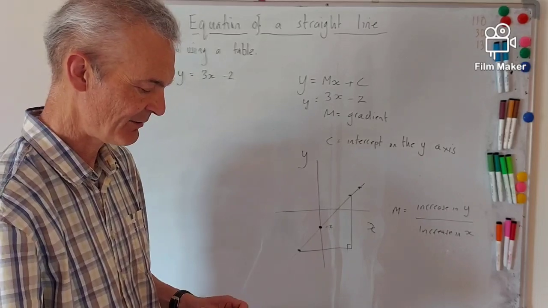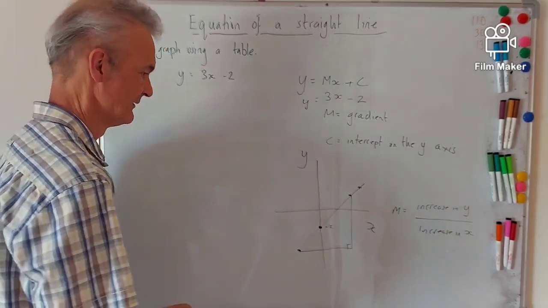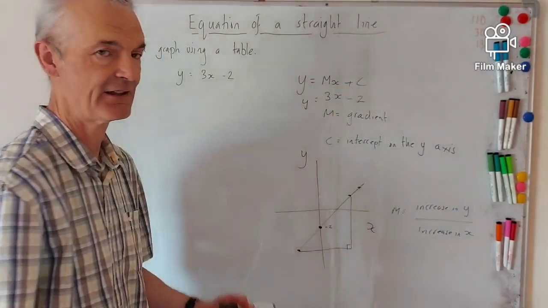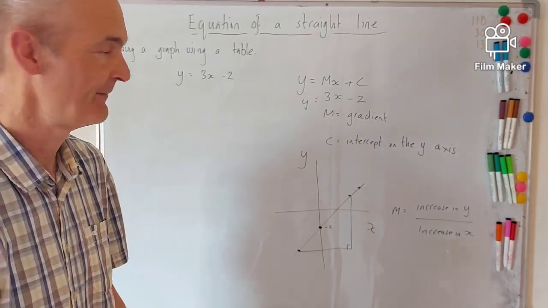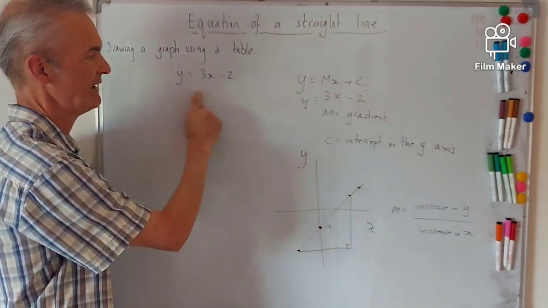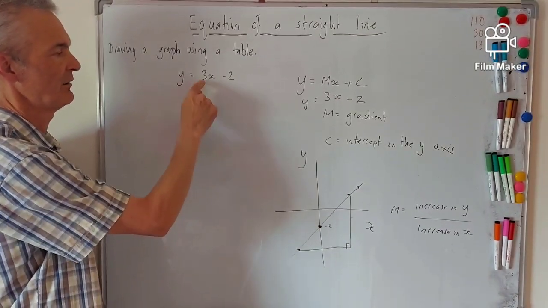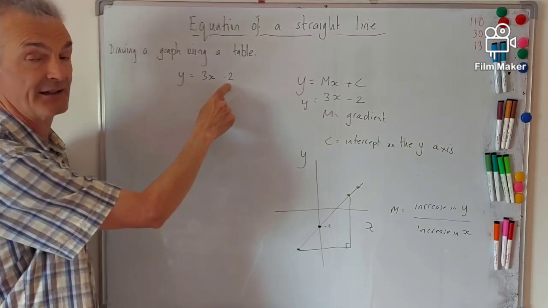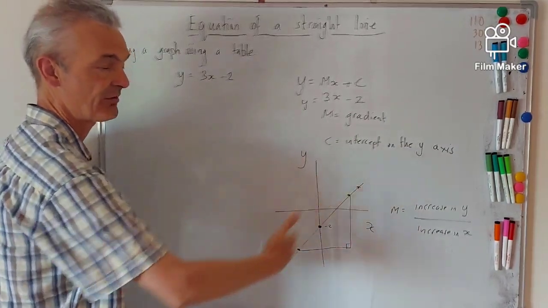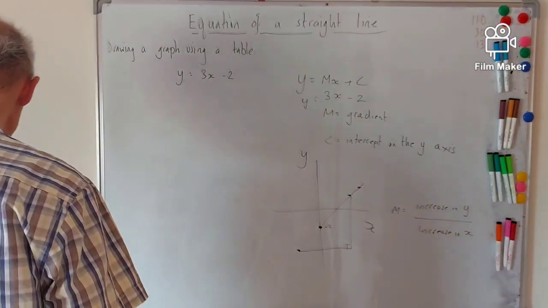But let's see how we would actually plot this. So at least you understand now, y = mx + c, that's the equation of a straight line. The m is the gradient, the c is the intercept. Here on our equation, we've got a gradient of 3 and an intercept of -2. How would we plot that on a graph?